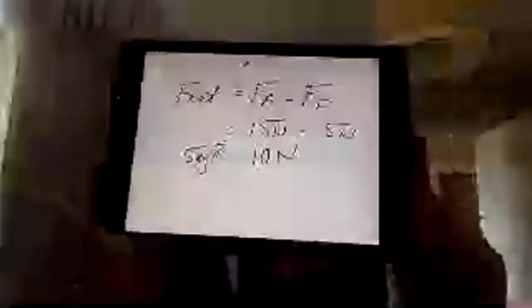Let's say this 10 Newton force was acting on a 5 kilogram object. Because we know F net is equal to ma, all you do is take 10 and divide it by 5. So a is equal to 10 Newtons divided by 5, and so you know that this object is accelerating at 2 meters per second squared. Does that kind of make sense? We'll get more into it next week.